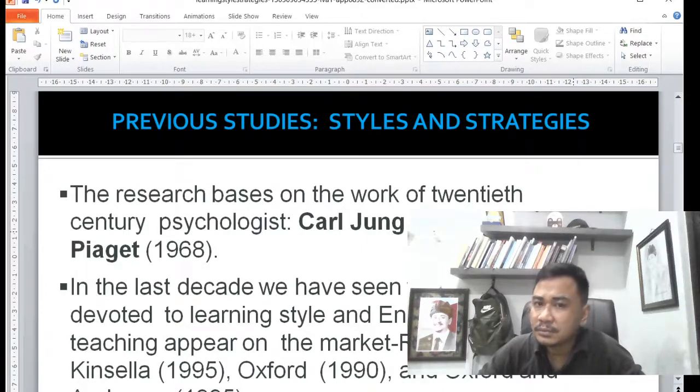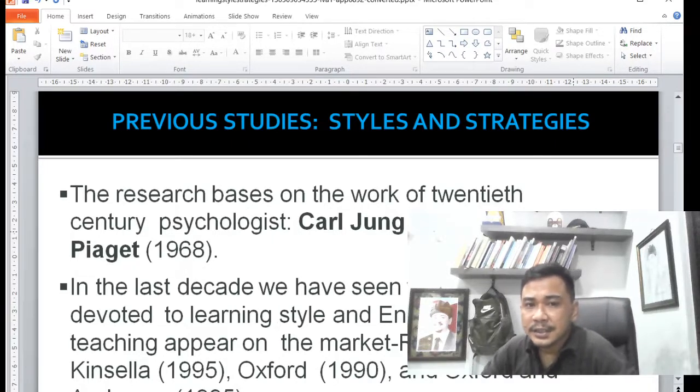The first one, Carl Jung in 1976, and Jean Piaget in 1968. These two persons are famous for their theories about how humans learn based on their psychological aspect.